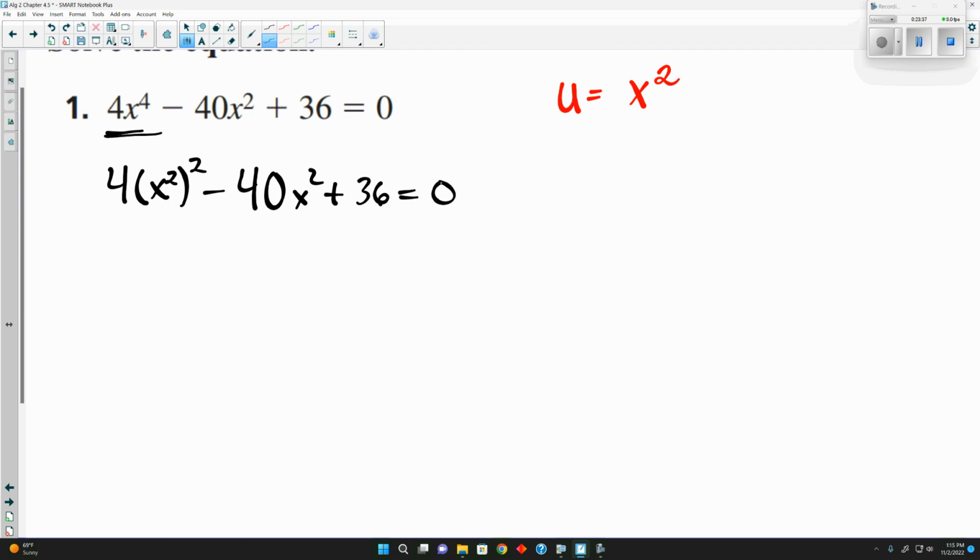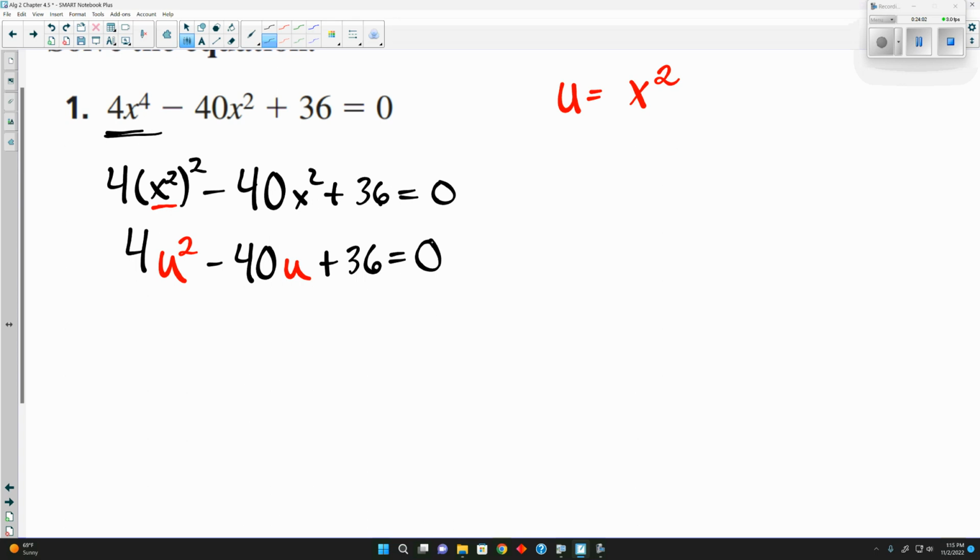Now I can do that replacement with u. So we'd have 4, I replace the x squared with u, so I have u squared, minus 40 times, well, we replaced x squared with u, plus 36 is equal to 0.